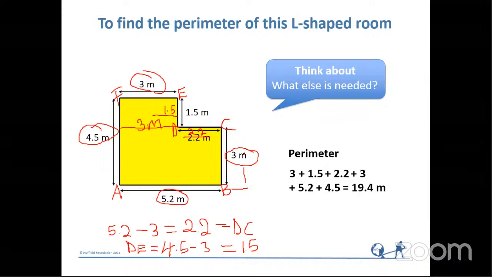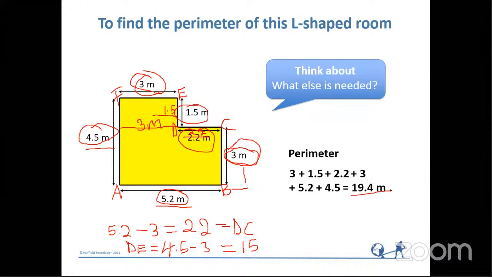We added this 3, we added the 1.5, then we added the 2.2, and then 5.2, and then 4.5, and finally another 3 somewhere here. So the final answer is 19.4 meters.